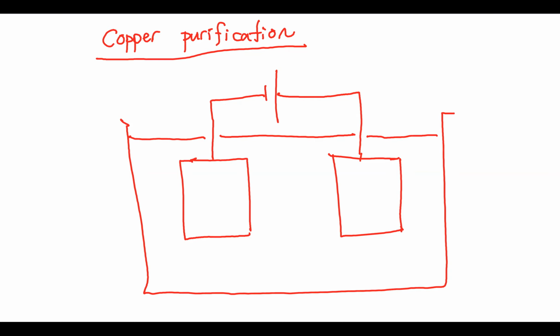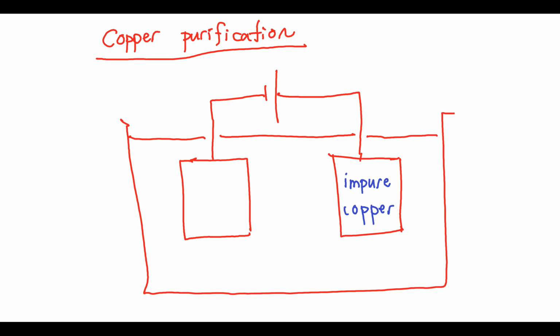Hi, let us now talk about the purification of copper. Suppose you have a piece of impure copper. So there are impurities mixed with the copper. Now how are you going to purify that piece of impure copper?